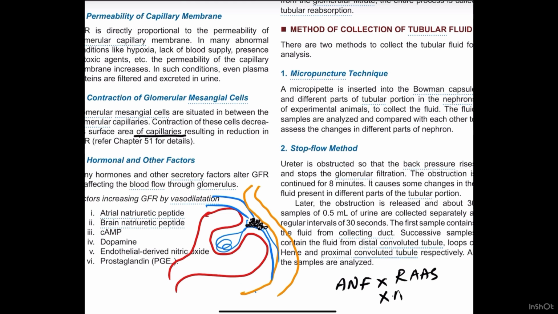It is against ADH, antidiuretic hormone or vasopressin. It is also against aldosterone. RAS, aldosterone and ADH increase blood volume, glomerular filtration and sodium reabsorption, whereas ANF decreases them.